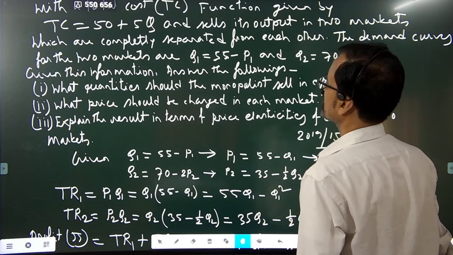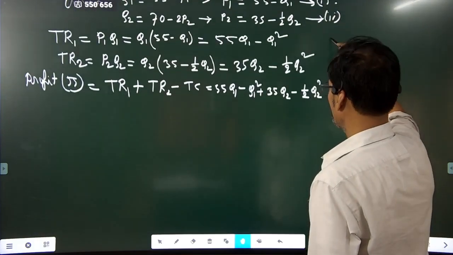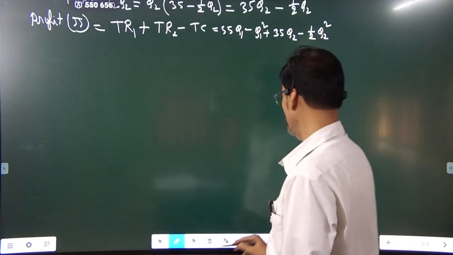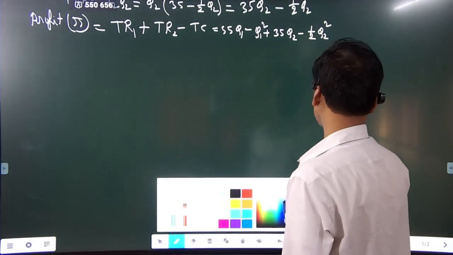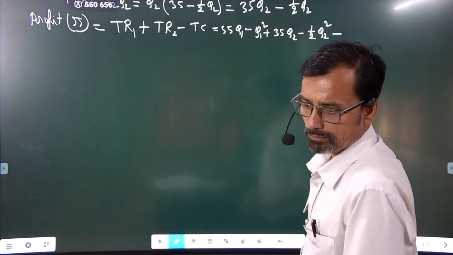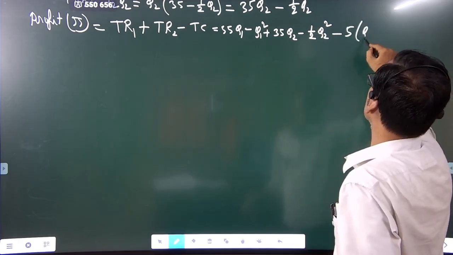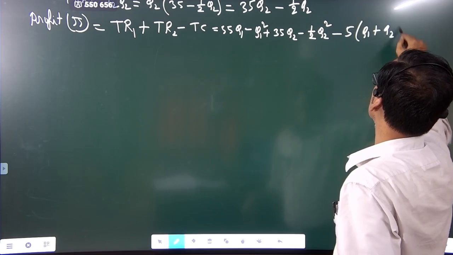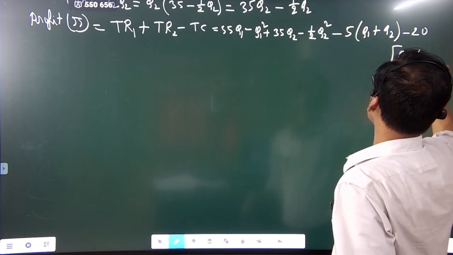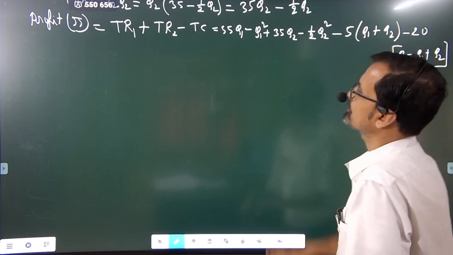Since Q is equal to Q1 plus Q2, we can write the cost as 50 plus 5 times (Q1 plus Q2). So profit is revenue minus 5(Q1 plus Q2) minus 50, with the values of Q1 and Q2 in the two markets.